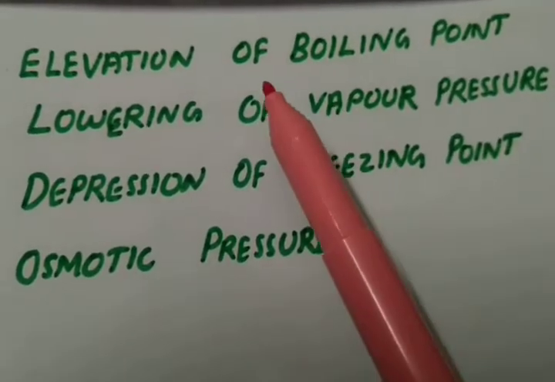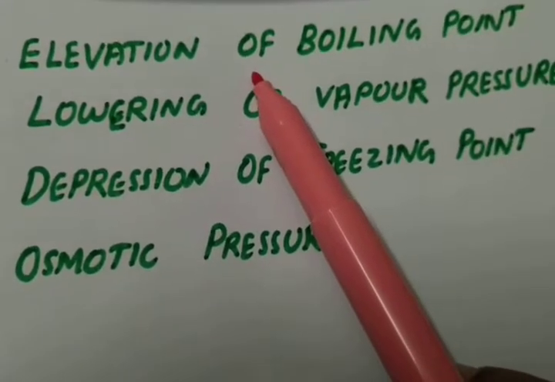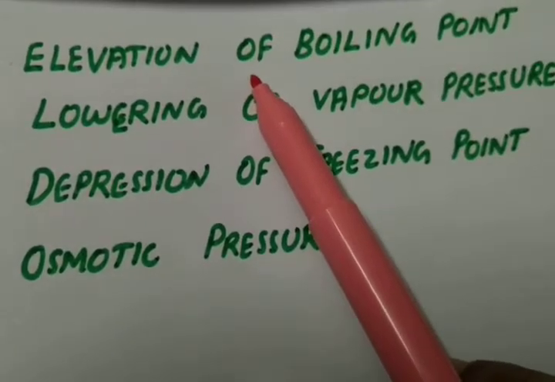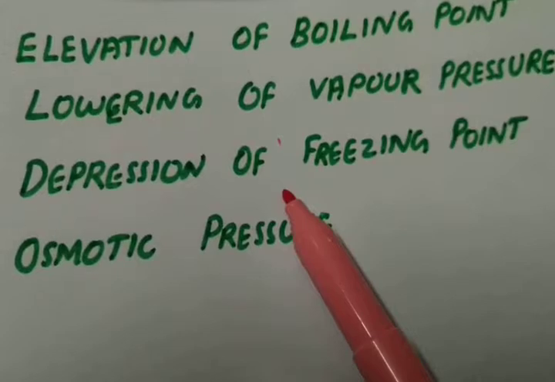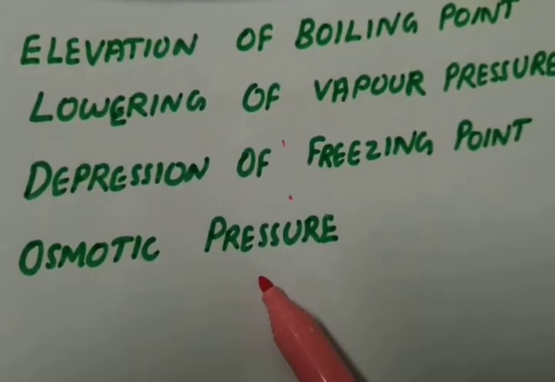Here you can see some examples of colligative properties: elevation of boiling point, lowering of vapor pressure, depression of freezing point, and osmotic pressure.